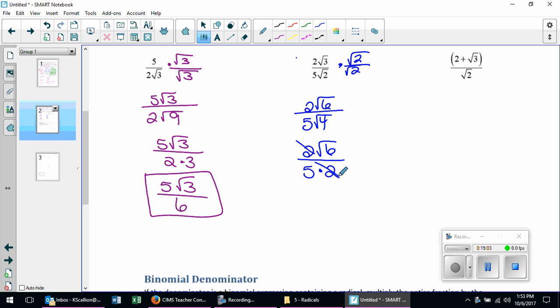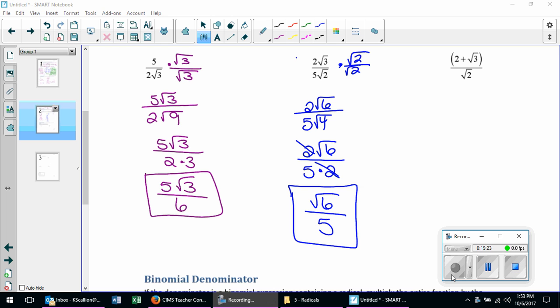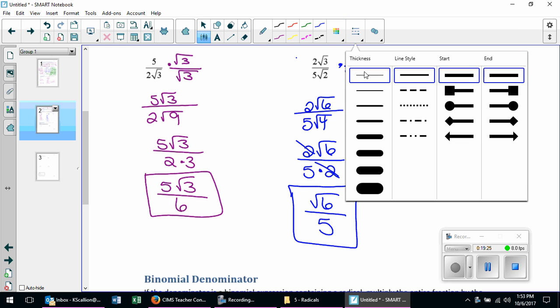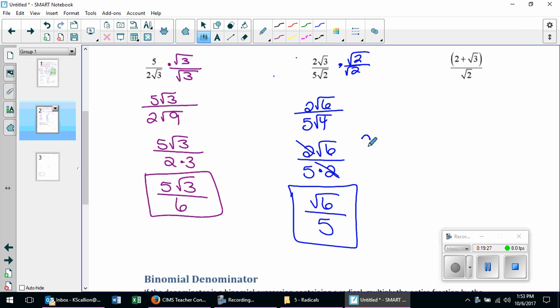Because you got to give it to me in simplest form, right? So I'm not even going to bother multiplying them. So now I'm going to have root 6 over root 5. This is my final answer because it's in simplest form. Yeah? No. How many people did this? They went 2 root 6 over 10.